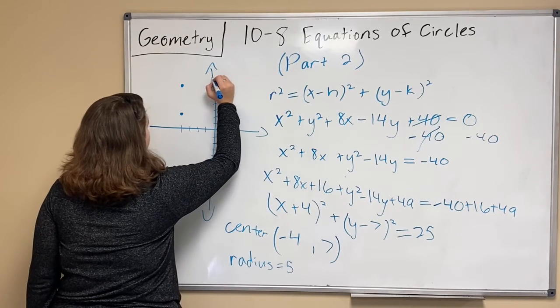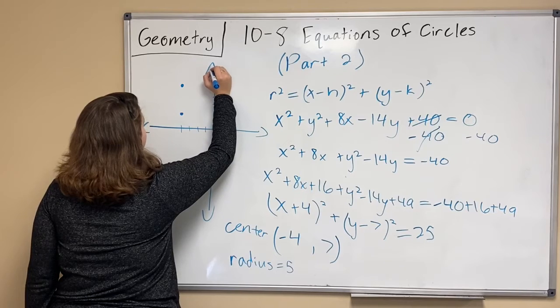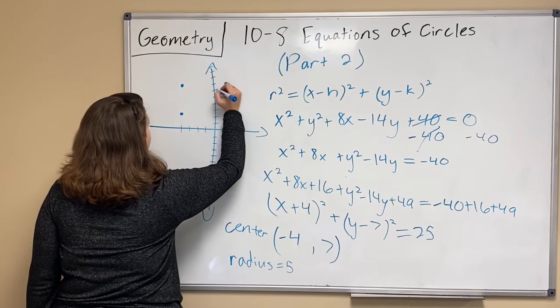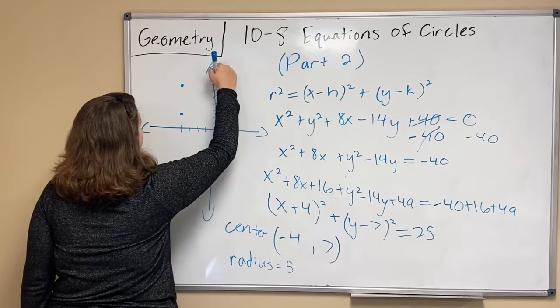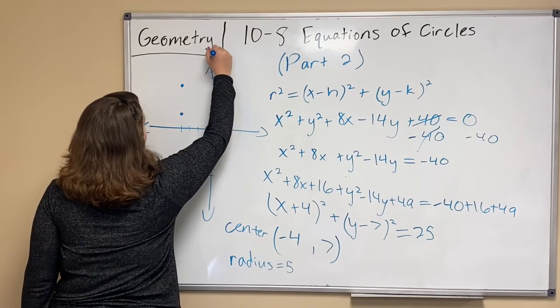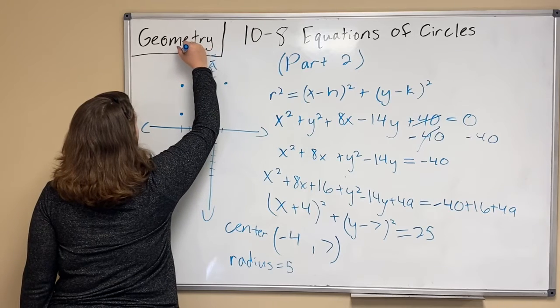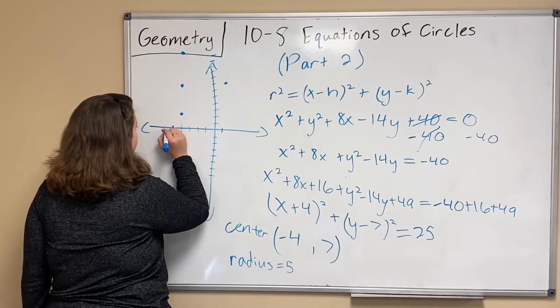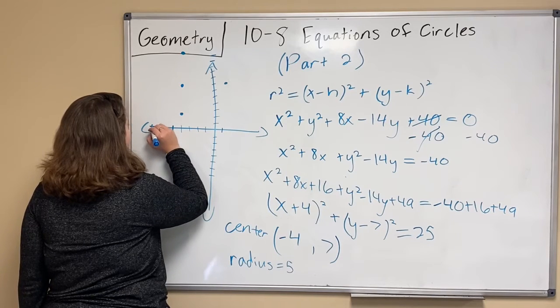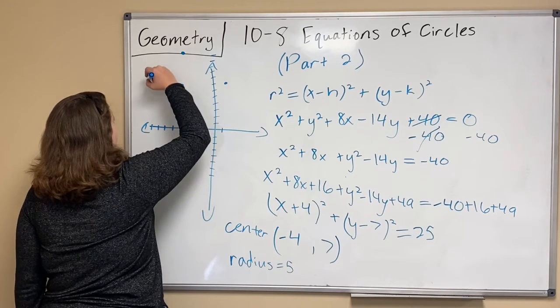I'm going to count 5 up. Wait, 1, 2, 3, 4, 5, 6, 7. And I go 1, 2, 3, 4, 5 up. I'm going to go 5 this way. 1, 2, 3, 4, 5.